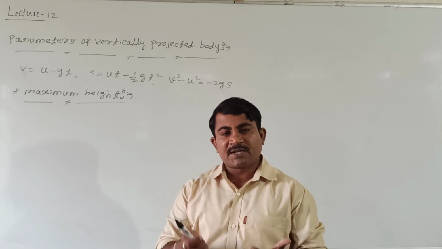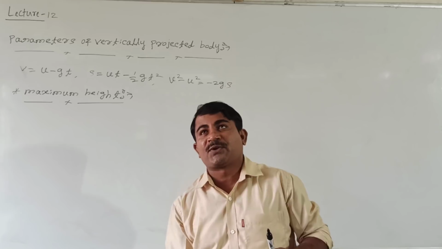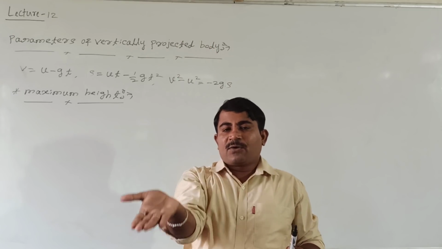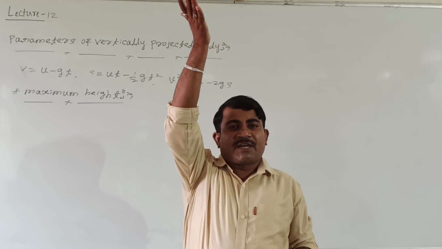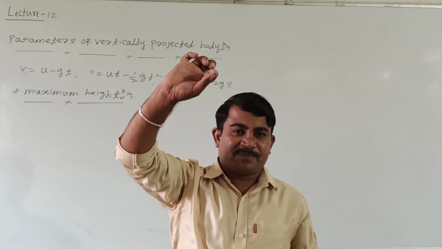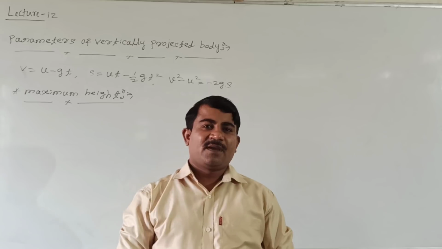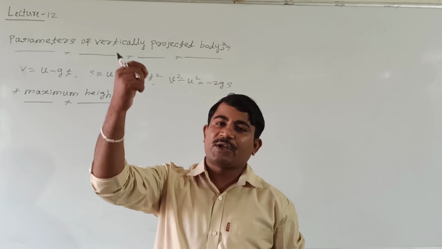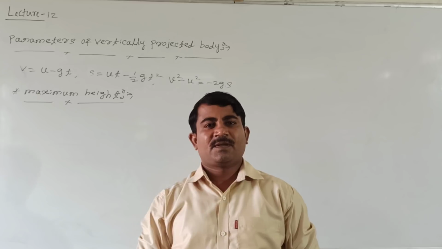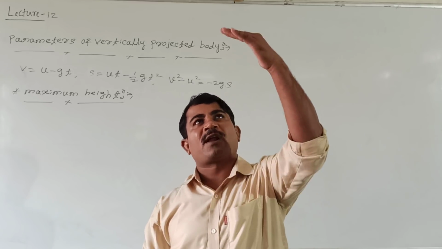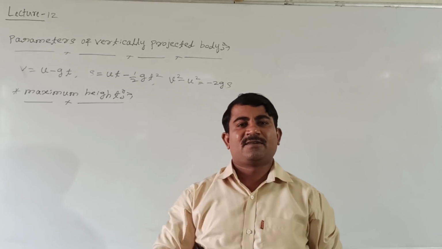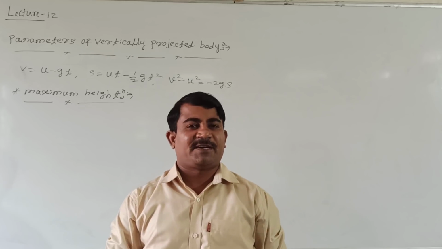Let us take a cricket ball. When a cricket ball is thrown upside, gradually its velocity decreases, and at a particular point the velocity of the ball is zero. Then again it comes back. But at that particular point, velocity is zero. The height which the ball travels when it is projected upside, that height we are calling maximum height.